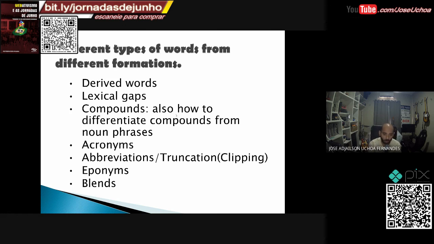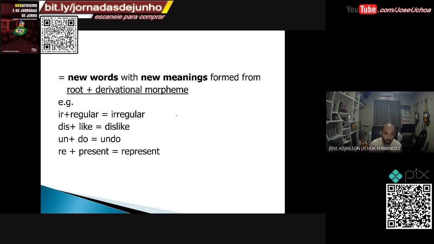They can be truncations, let's call them abbreviations, which is the more familiar term. They can be derived out of a proper name of someone or some place, like American, which comes from the proper name America. They can be blends, okay, which is the junction of two words where each word misses part of it so that they can connect to each other, okay?